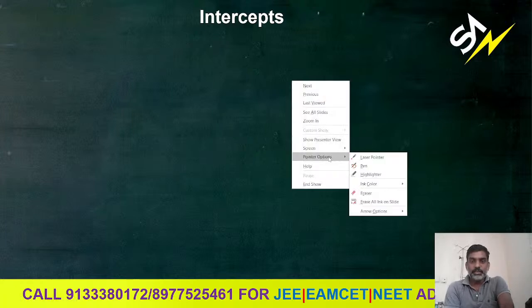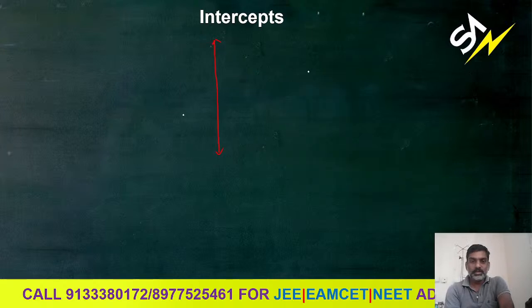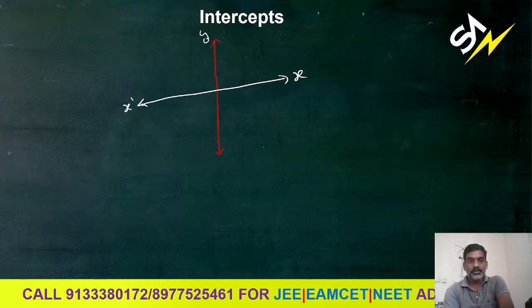Next, the horizontal line in a plane is called the x-axis. So this is the x-axis, and here we have the y-axis. Right, here it is the origin, and here we are talking about intercepts.